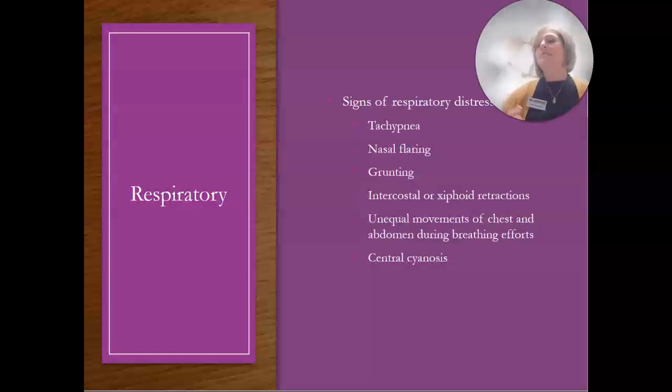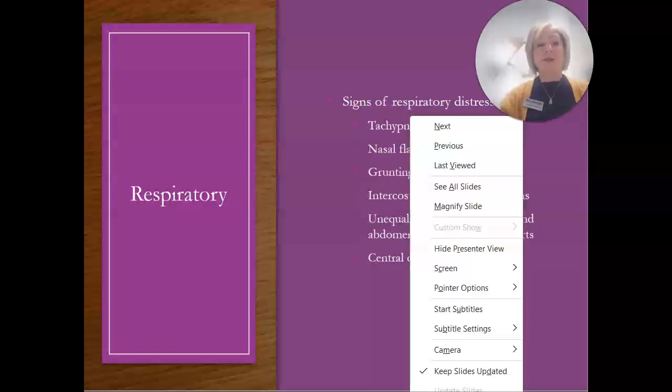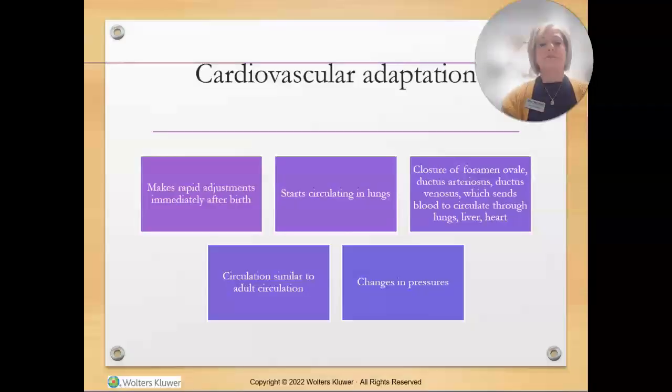However, if it's central, you're going to see it in the trunk, maybe circumoral, in the mouth, the mucous membranes, or the abdomen. If you start seeing it there, then we know we've probably got some type of respiratory problem going on, and we need to recognize that very quickly, figure out the cause, and treat the cause.